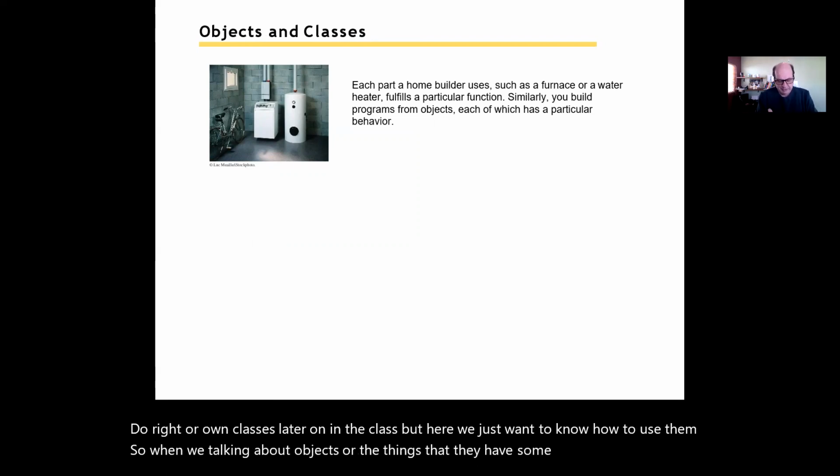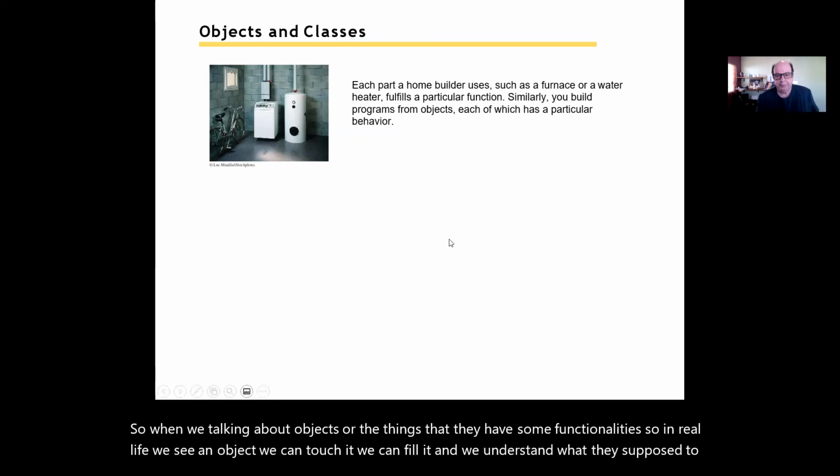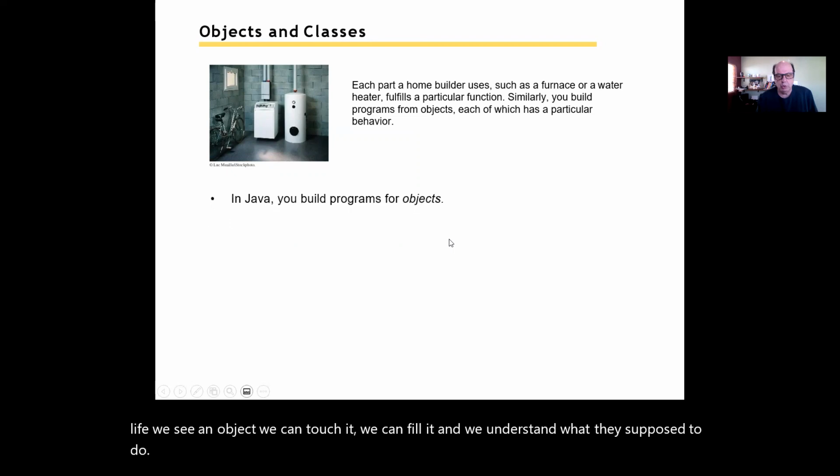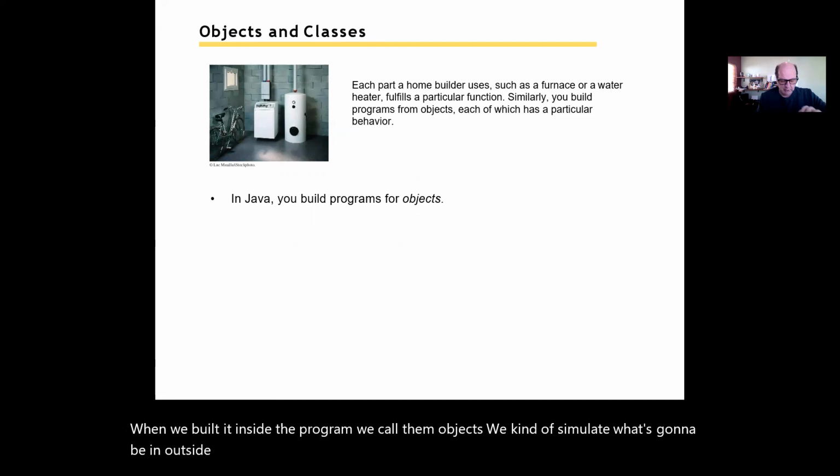In real life, we see an object, we can touch it, we can feel it, and we understand what it's supposed to do. When we build it inside the program, we call them objects. We kind of simulate what's in the outside world and bring it into the program.